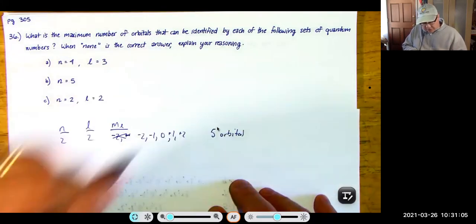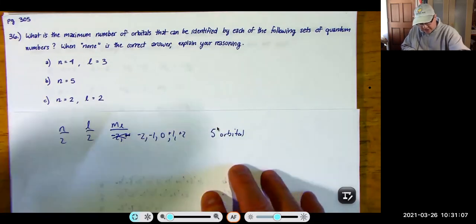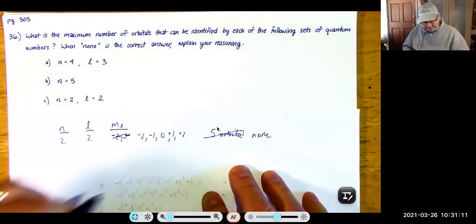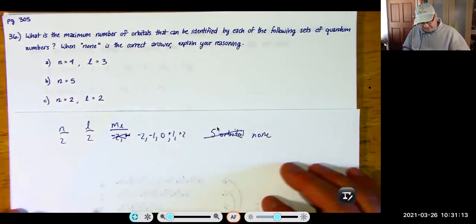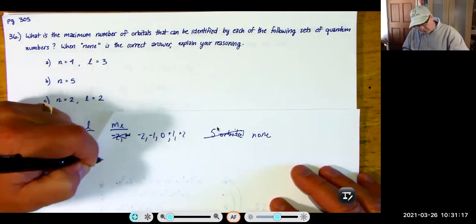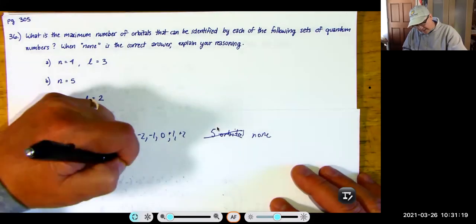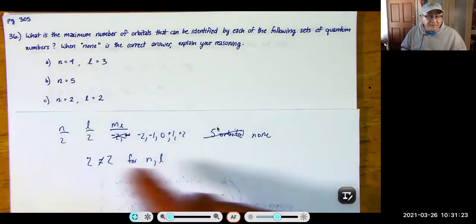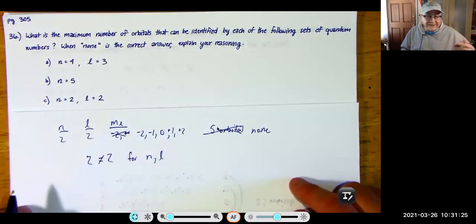And what type of orbitals are they? Oh, actually, none. Whoop, none. And why is it none? It's not valid. 2 cannot equal 2 for n and l, right? The biggest l can be is 1 less than n.